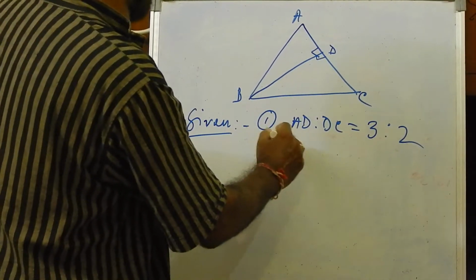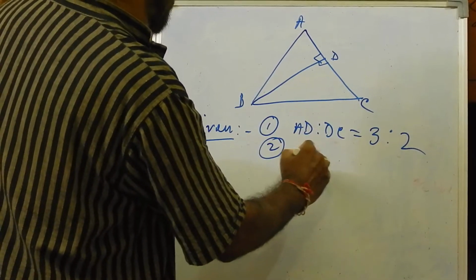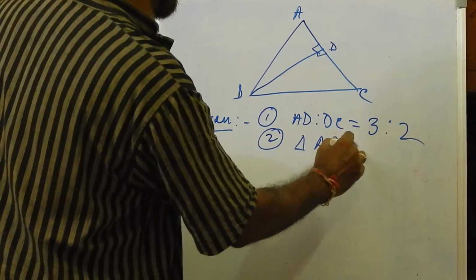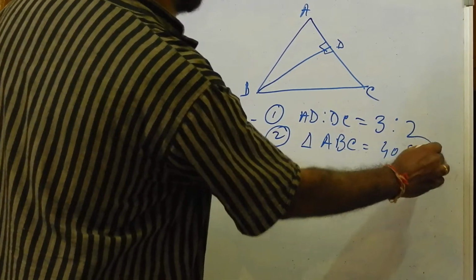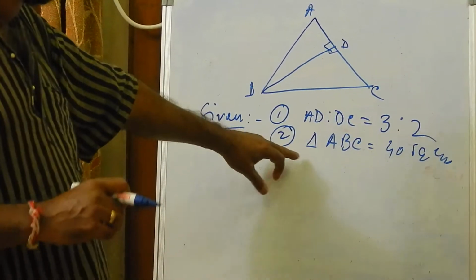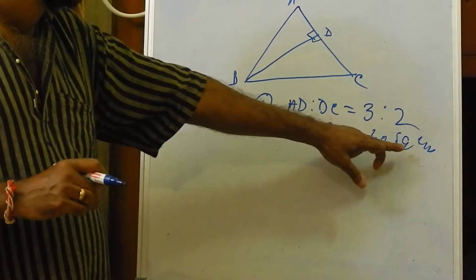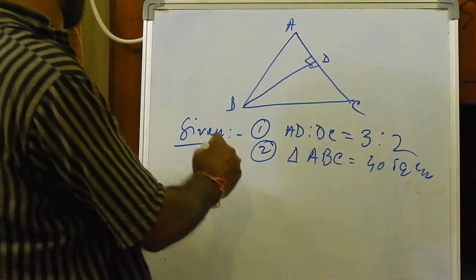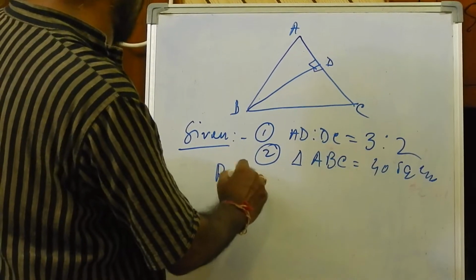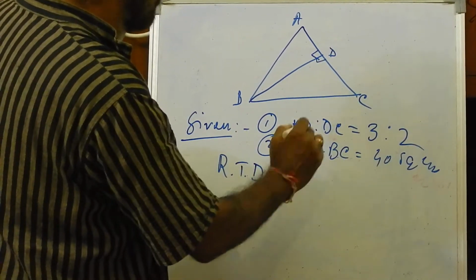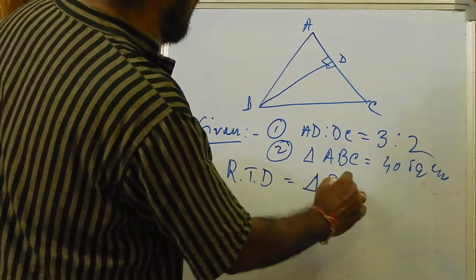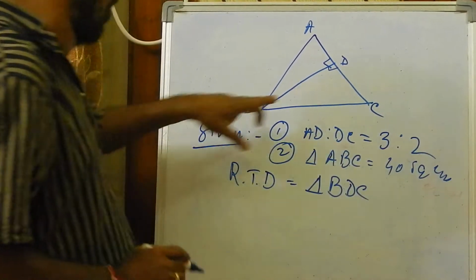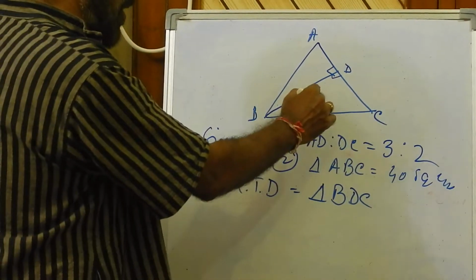And secondly, the area of triangle ABC is equal to 40 square centimeter. What we are required to determine is the area of triangle BDC, the smaller triangle BDC.